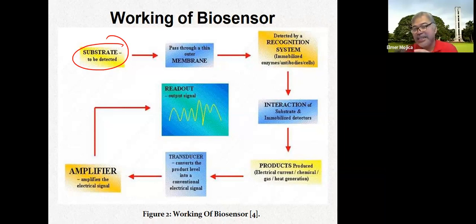So any changes due to the interaction of your substrate or target analyte and your biological recognition element, if it's done in the transducer, it converts the product level into a conventional electrical signal. And the change in this optical, electrical, magnetic, thermal properties is measured and converted into a signal. So usually you have an amplifier there, and you will have it in the readout output signal.